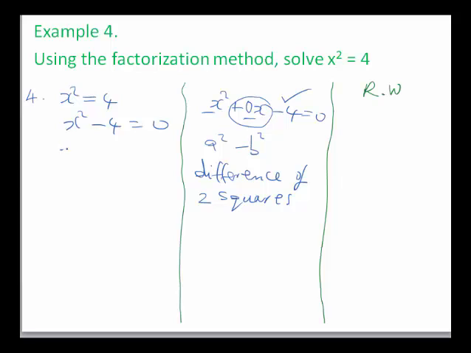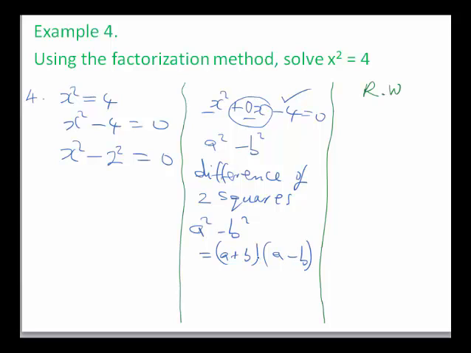Let's do that immediately. x squared minus, we can get this to be 2 raised to power 2 is equal to 0. Whenever we have this, for a squared minus b squared, difference of two squares says that a squared minus b squared is equal to a plus b and a minus b.